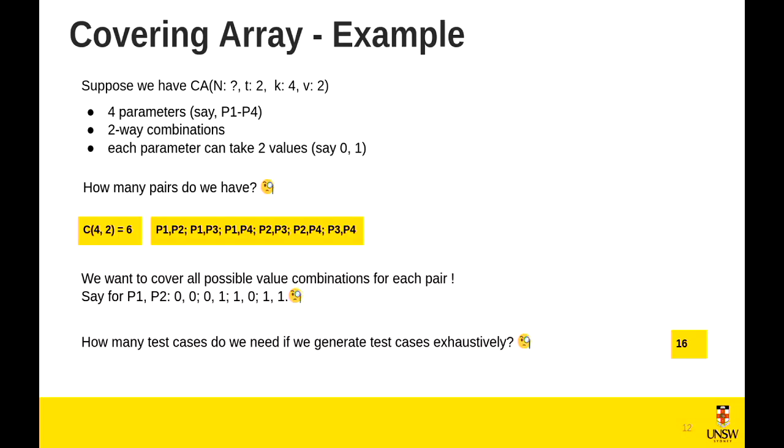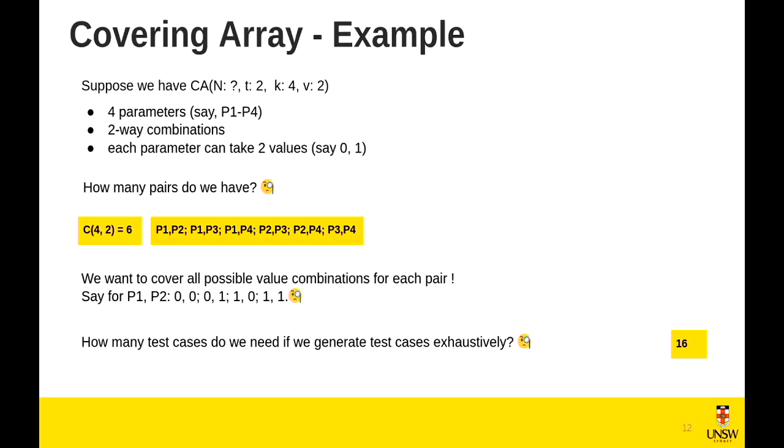Sorry, P1, P2, 0, 0, P3, P4, 0, 0. It depends, because this covers the pairs for P1, P2, 0, 0, P1, P3, 0, 0, P1, P4, 0, 0, P2, P3, 0, 0, P2, P4, 0, 0, P3, P4, 0, 0.